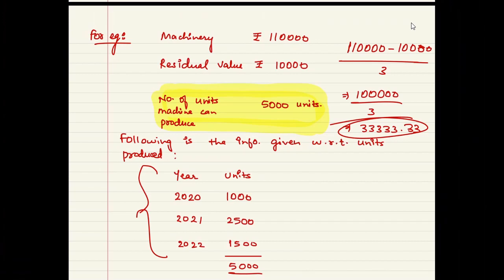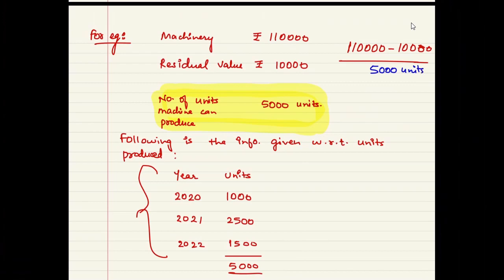So let's replace the life, the denominator, by the number of units which the machine can produce. So our calculation would be 1,10,000 minus 10,000 divided by 5000 units. And this would be 1 lakh divided by 5000.